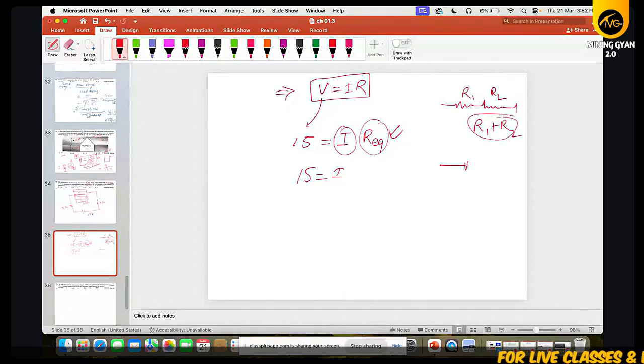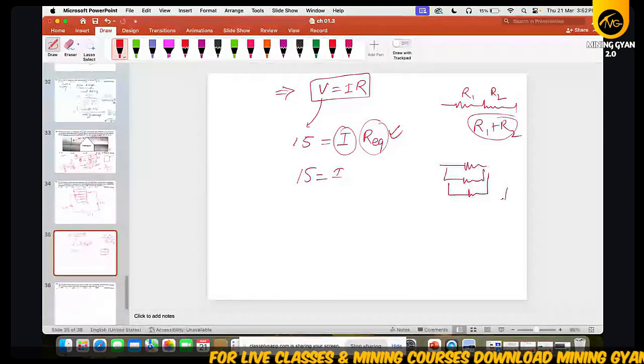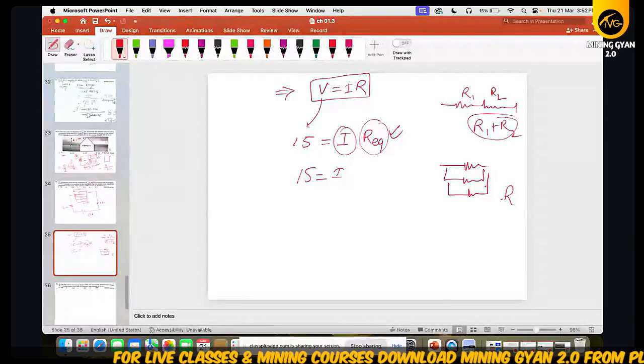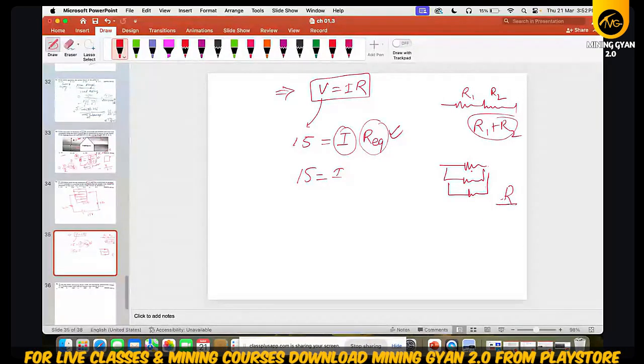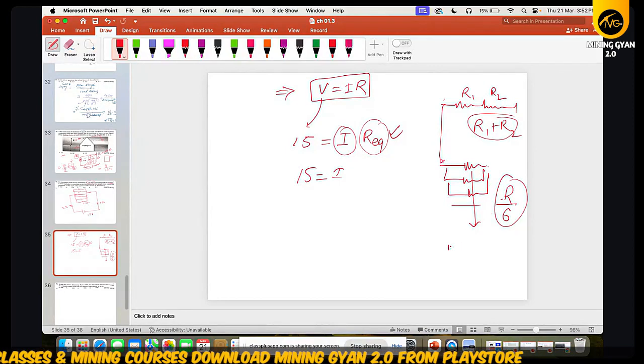If they are in parallel, then it will be R by how much they have, 6. So R equivalent, if they are in parallel, what is their R equivalent?